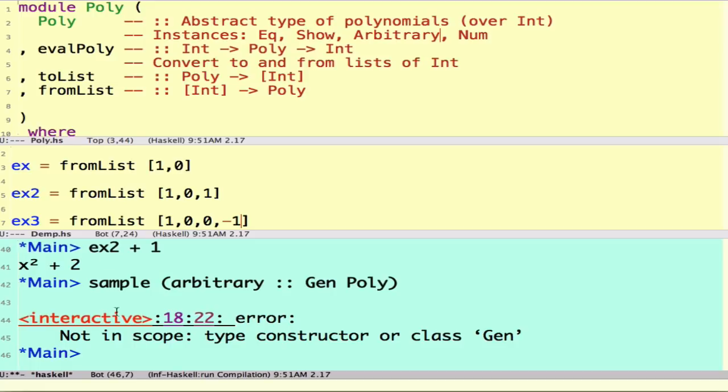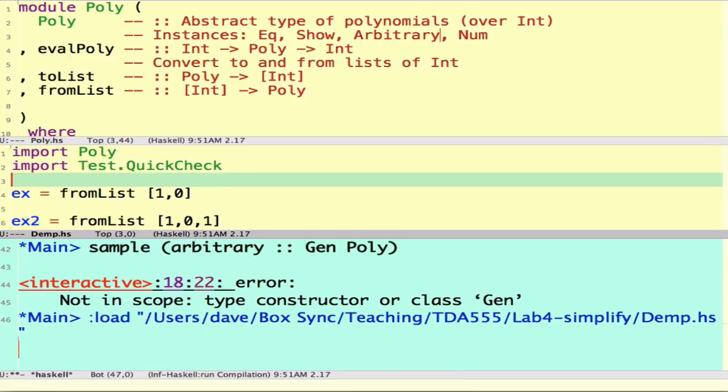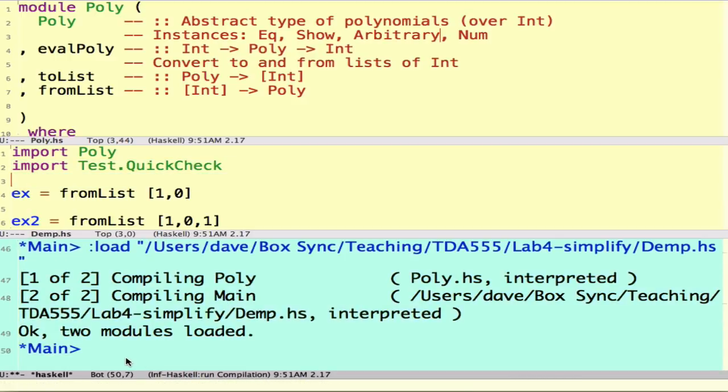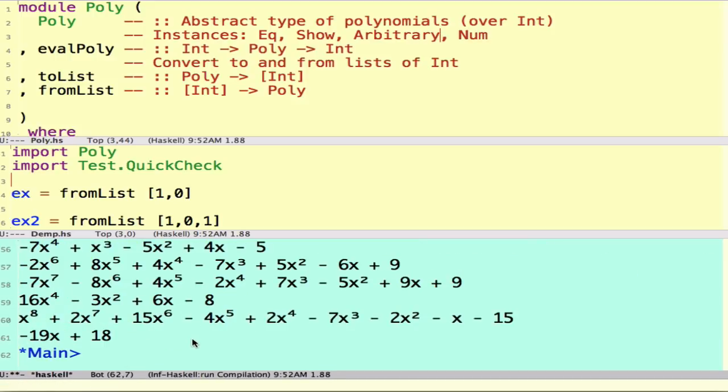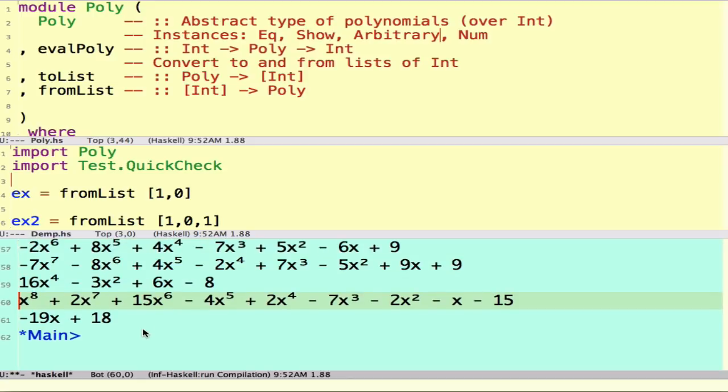Oh, it's not going to work because I need to import Test.QuickCheck to do that. Let me try that again. So we can generate arbitrary polynomials. So there's a bunch of examples. So that means we can test properties involving polynomials.